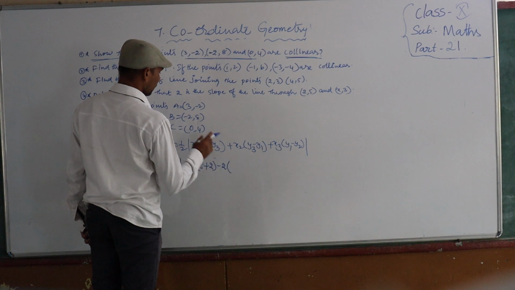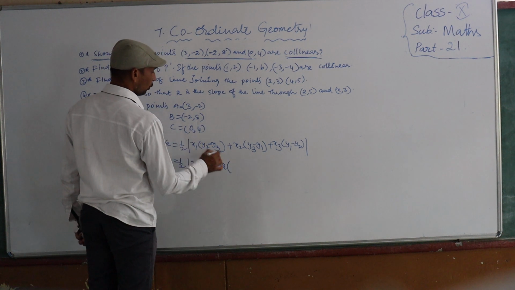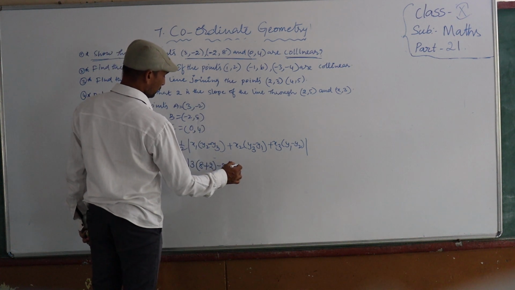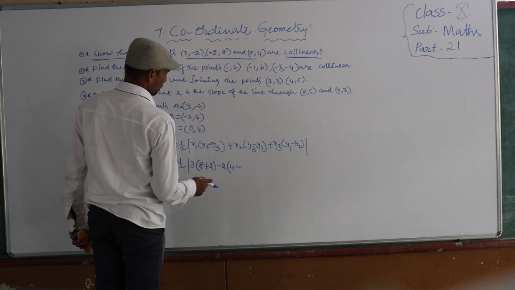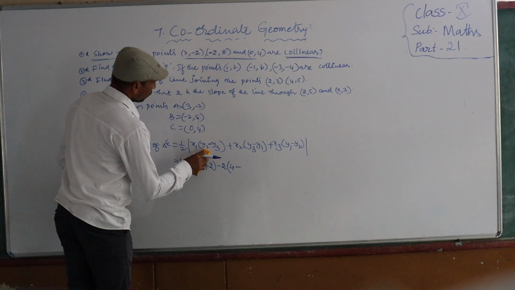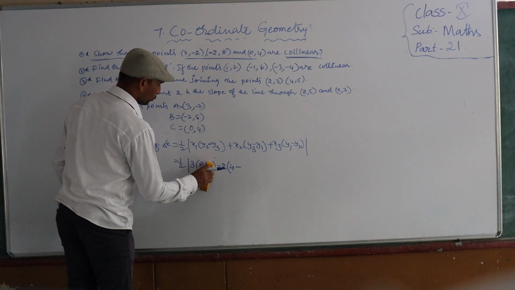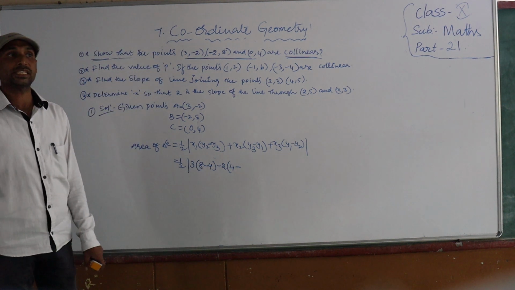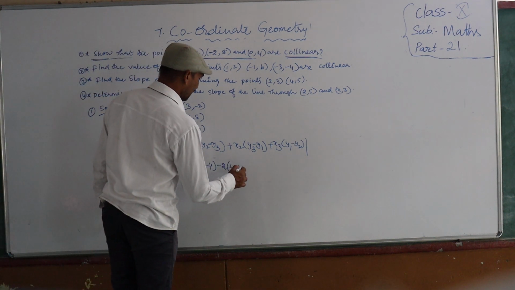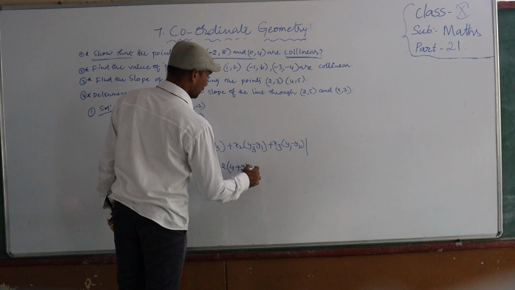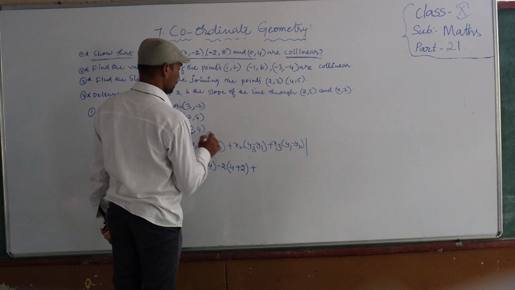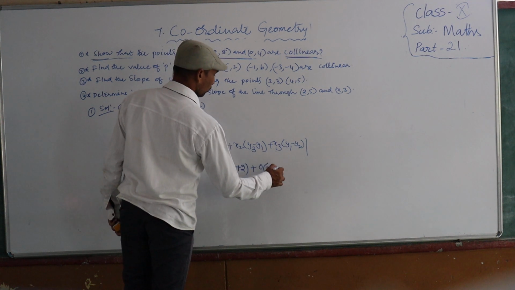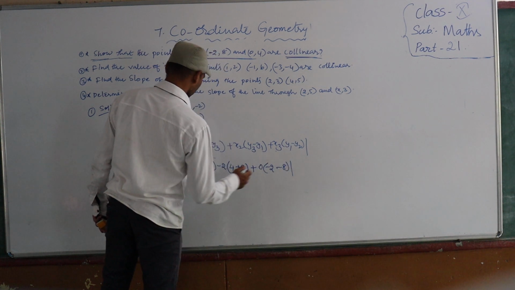Then y3 is 4 minus y1, sorry, here y3, no, y2 is 8, y3 is minus 4. Carefully now, don't get confused while substituting. So here plus 2. Then x3 value 0 into (y1 - y2), which is (-2 - 8).